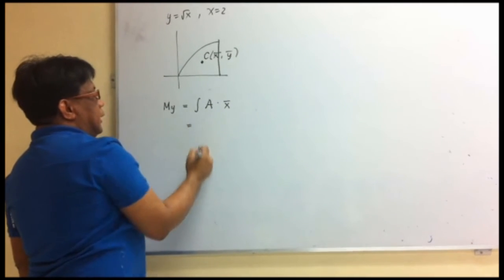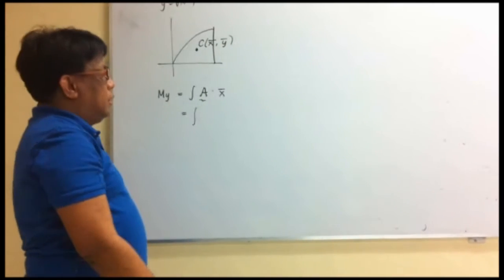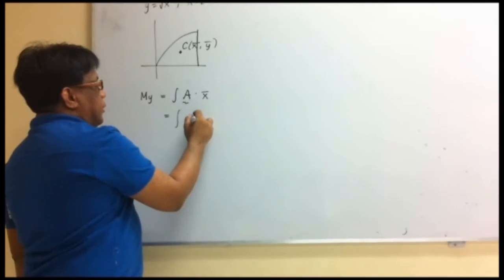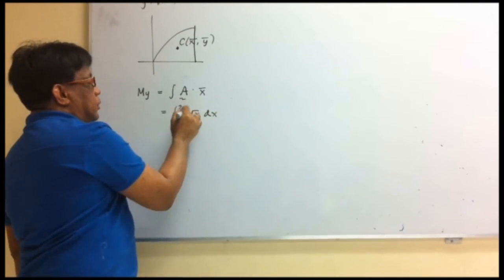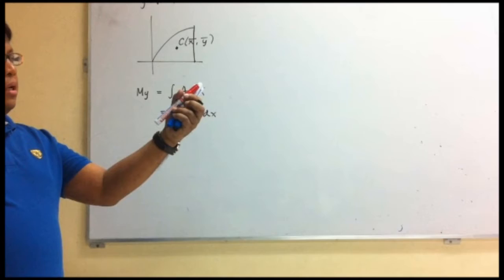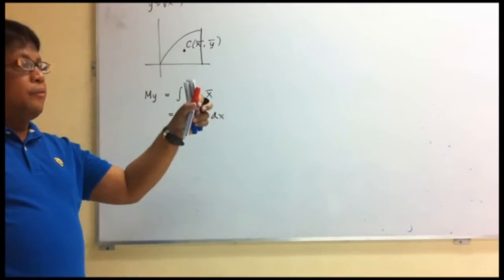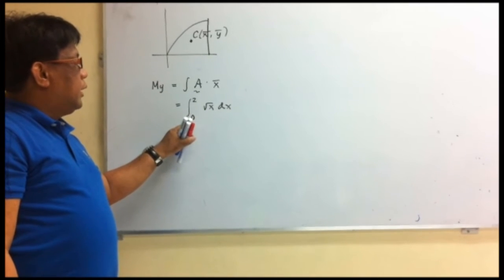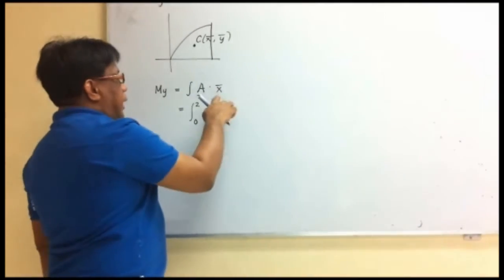So what did we have a while ago for integral of area? It is square root of x dx from 0 to 2. So you take the one that has the integral, not the answer of area, okay? So that is now integral of square root of x dx from 0 to 2. Then what about bar x?